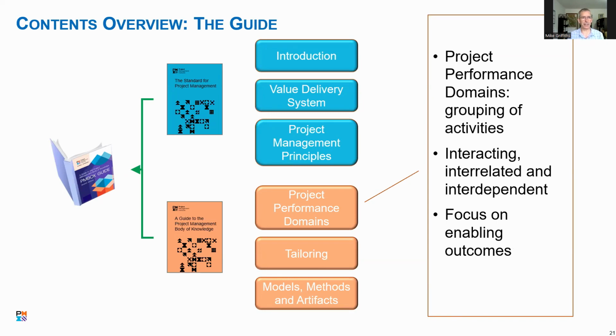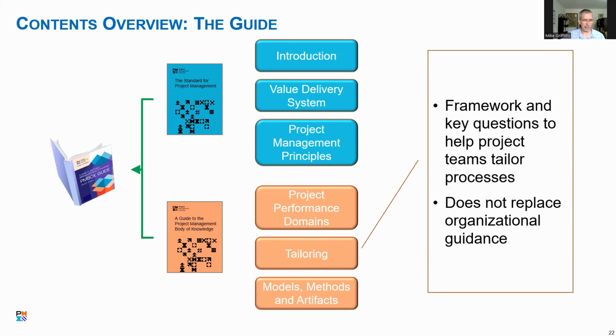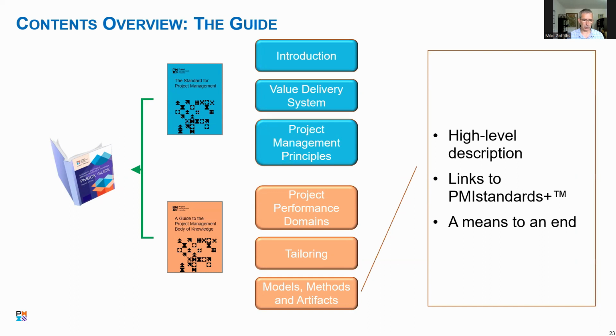All projects have to deal with these, and so it provides some guidance and tools for good ways of getting these things done on our projects. And then we have this section on tailoring, which we'll take a deeper dive into, that we need to tailor our approach based on our organization, our industry, and then the actual project that we're doing. And then it provides some example models, methods, and artifacts.